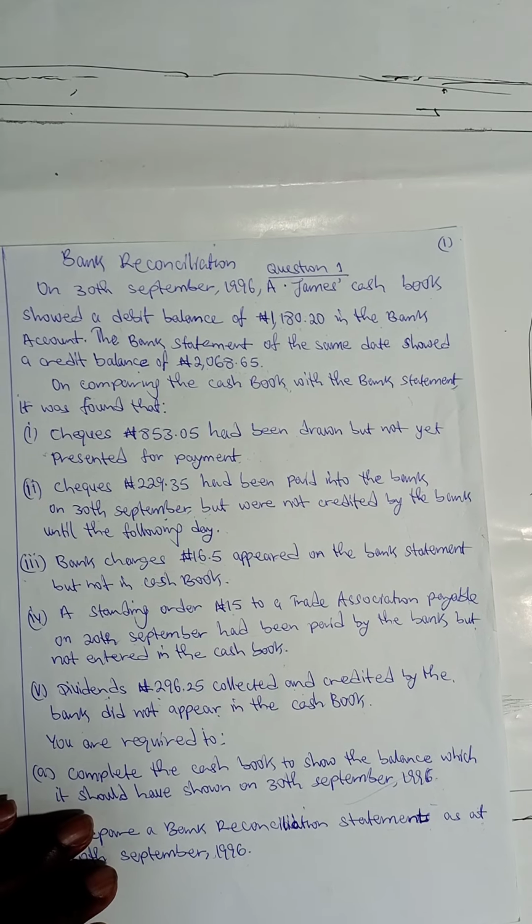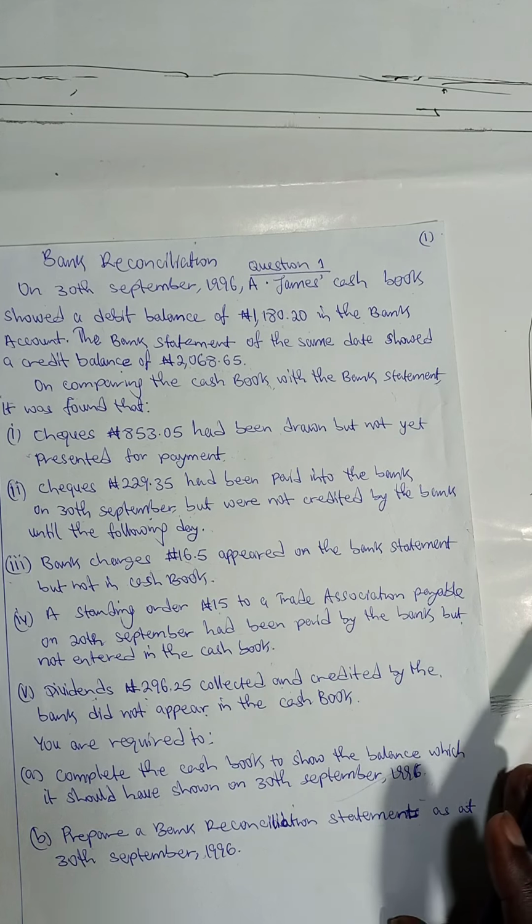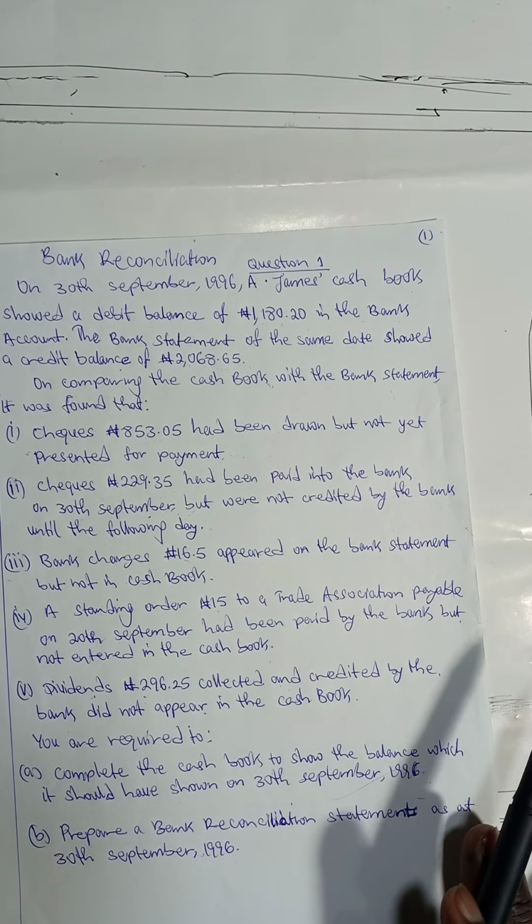So unpresented checks are checks issued by the account holder but yet to be presented to the bank by the payee. So the check has not been presented to the bank for encashment by the payee.